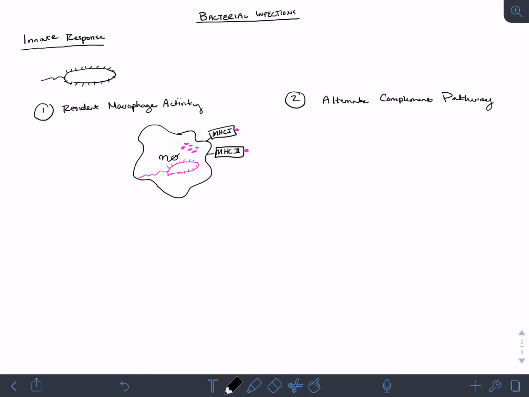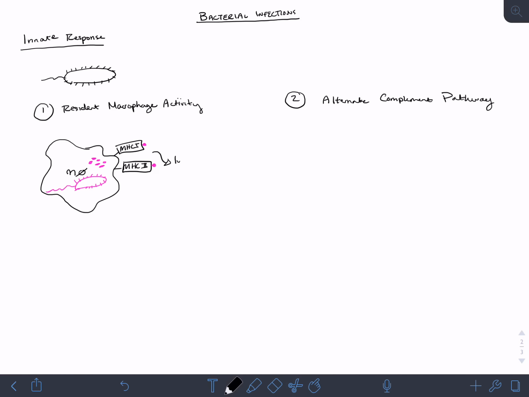So they've put the antigens on the MHC1 and MHC2, and let me move this all over, it's going to go to lymph tissue, and the function is to activate T and B cells over there in the lymph tissue.